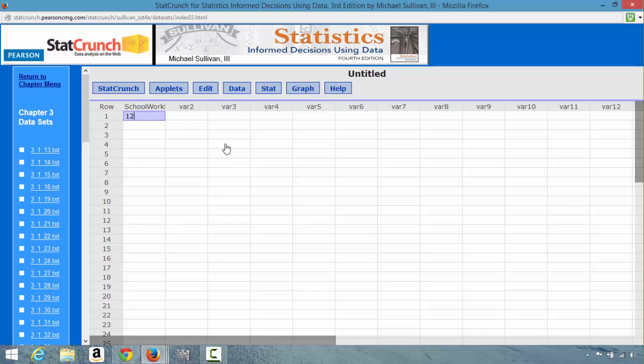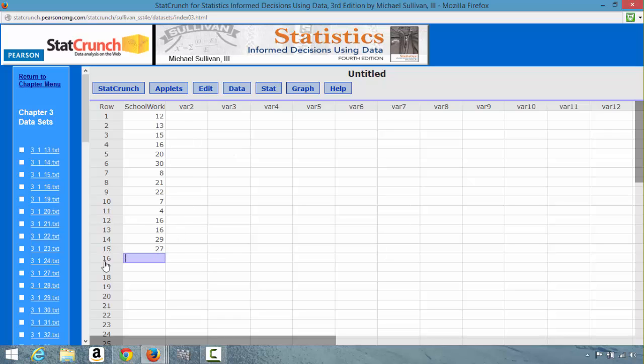So we have a 12. You can put it in by column or by row. It doesn't matter. Let me just put it by a column. 12, 13, 15, 16, 20, 30, 8, 21, 22, 7, 4, 16, 16, 29, and 27.